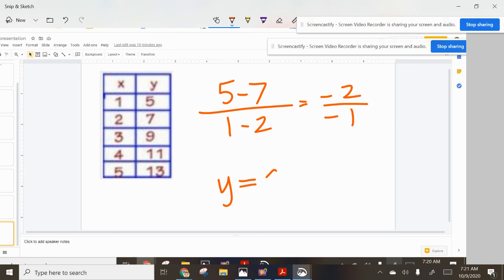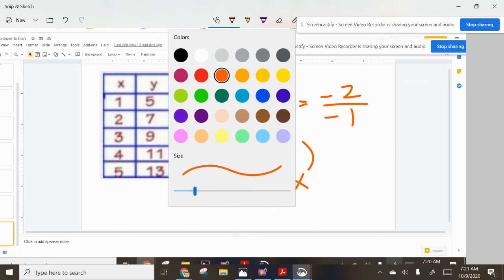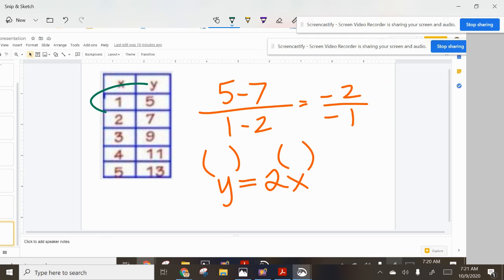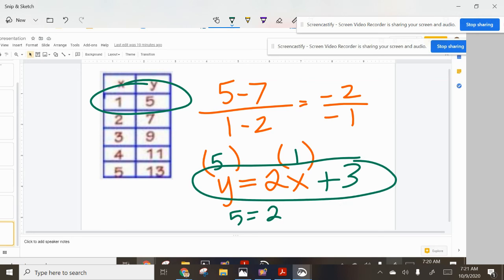That means it's going to be 2. Then you're going to plug in. I'm going to do the first point. I'm going to plug in 1. Does 5 equal 2? Only when you add 3. That finishes the puzzle.